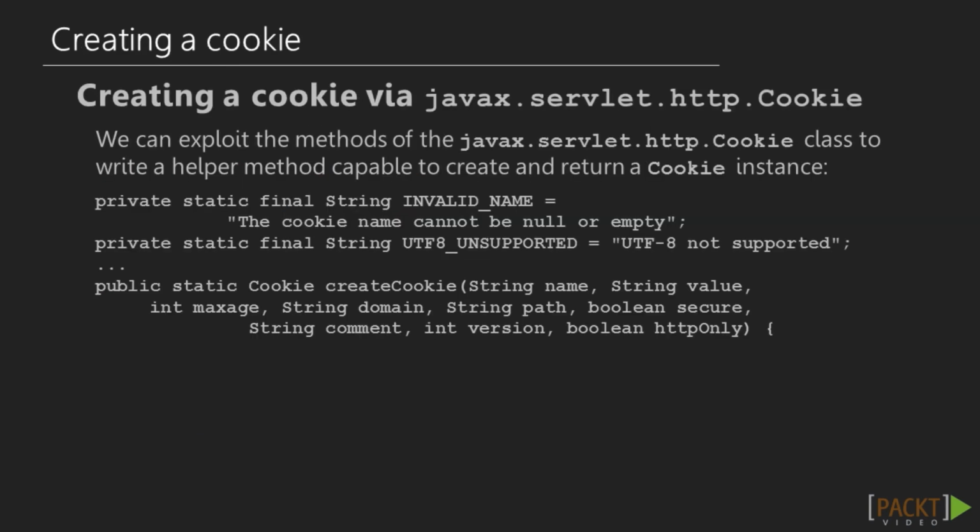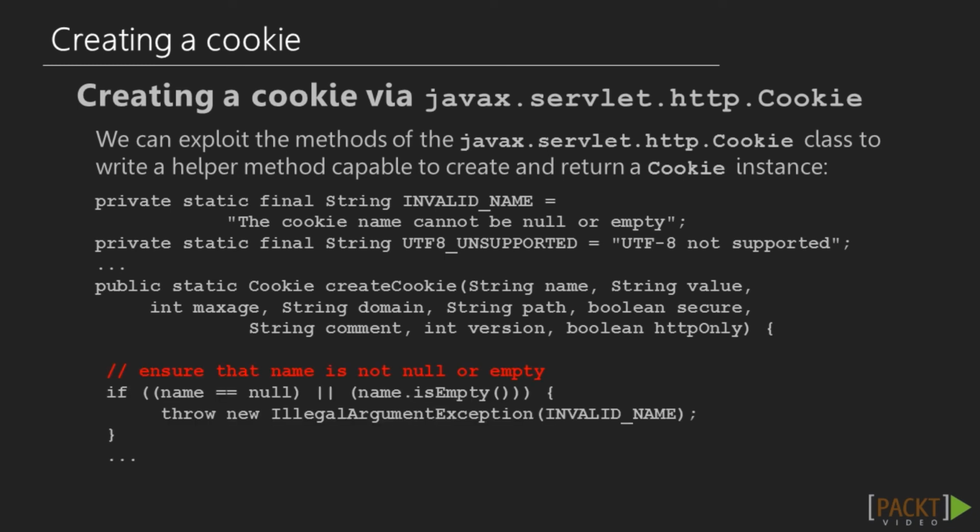In order to create a cookie, we can easily exploit the Cookie class. This class provides special getter and setter methods for getting and setting the cookie attributes. We can group these methods and obtain a helper method such as the createCookie listed here. For a start, we ensure that the name of the cookie is not null or empty.